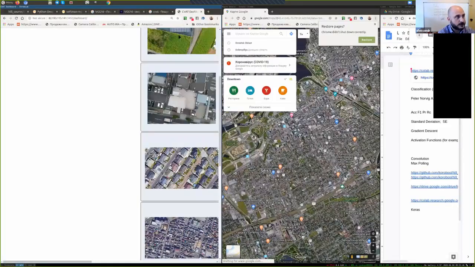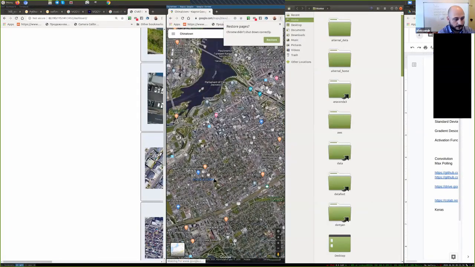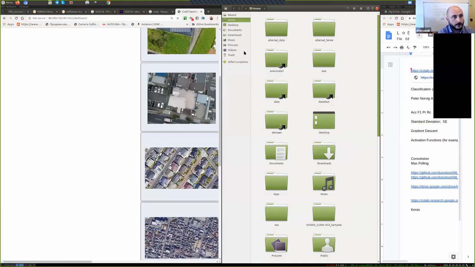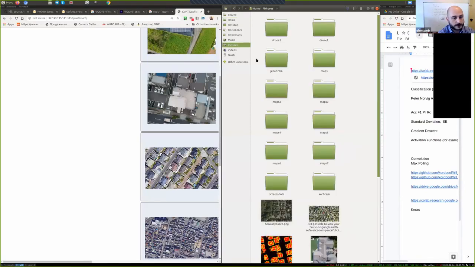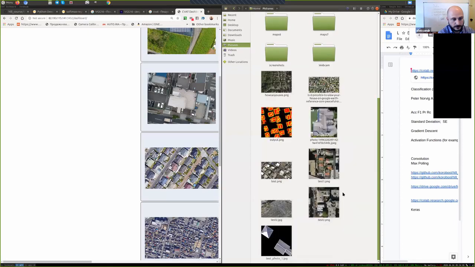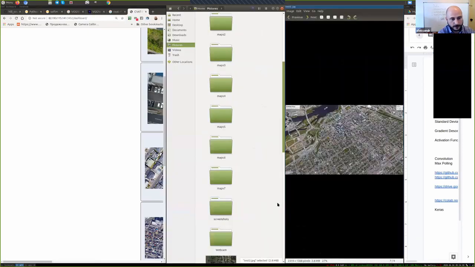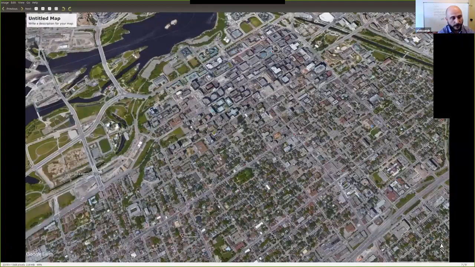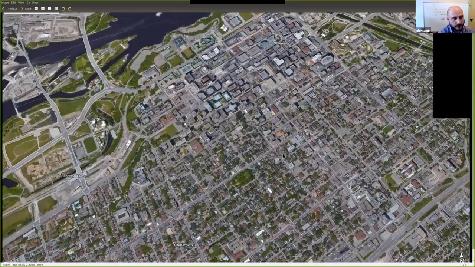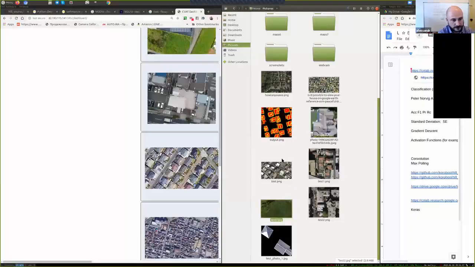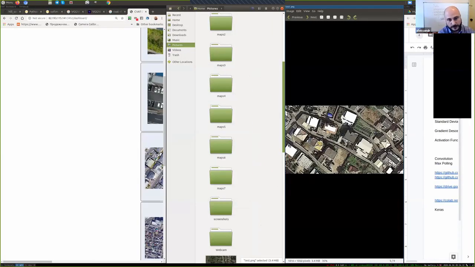I'm closing this Google Earth thing. Let's go to pictures. And we see, okay, this is what we saved here. So we have just an image. We can get it with different scales. For example, this one is also obtained from Google Earth.